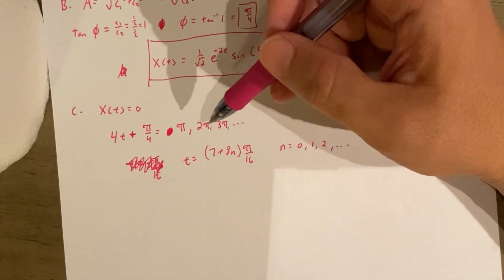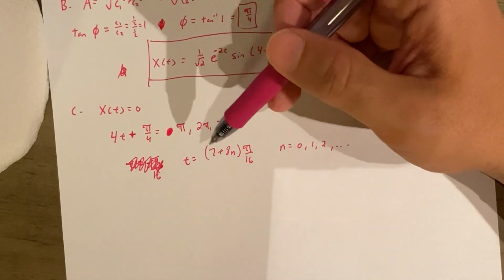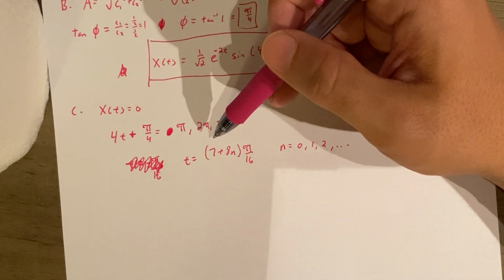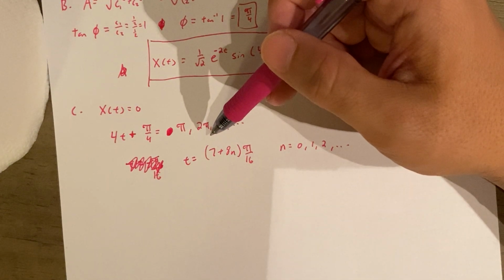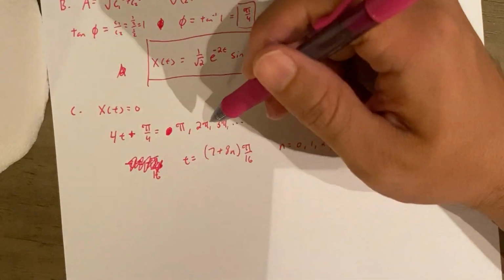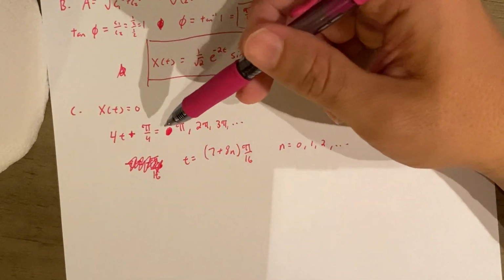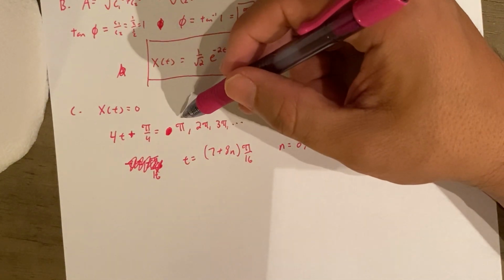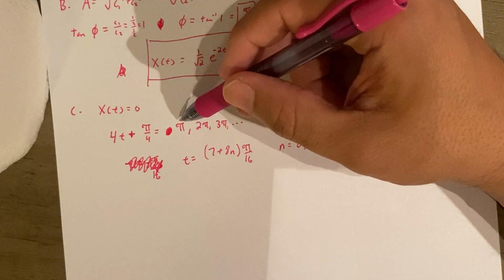Now, we can't use the 3 pi over 16 because that's not going downward. That would be going upward.